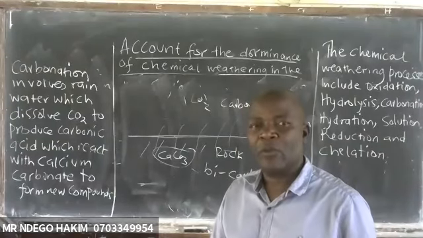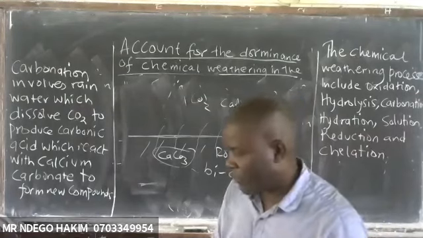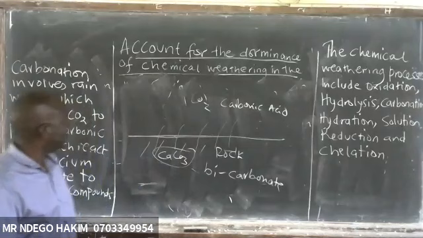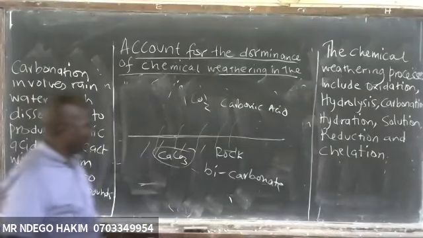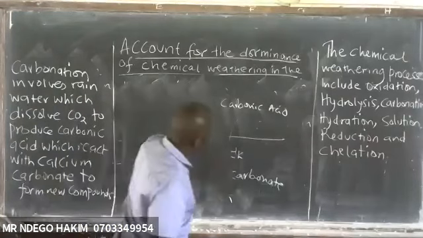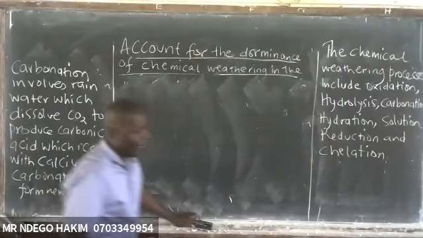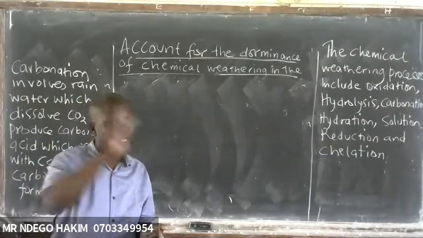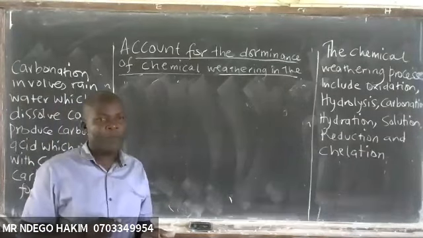Any rock that comes into contact with oxygen is weathered through the process of oxidation. So that is carbonation. Then another chemical weathering process, briefly looking at them, oxidation, where we say oxygen is added to the rock.